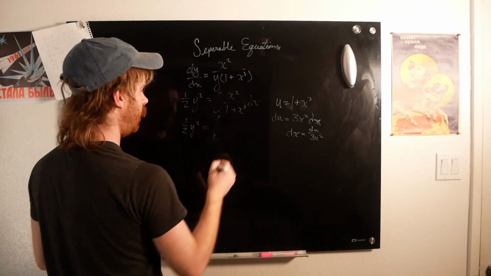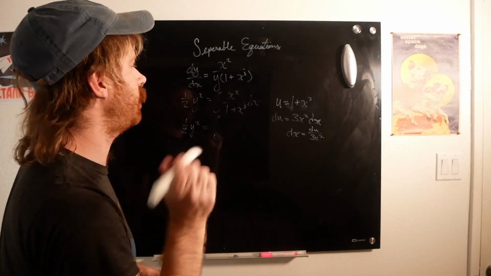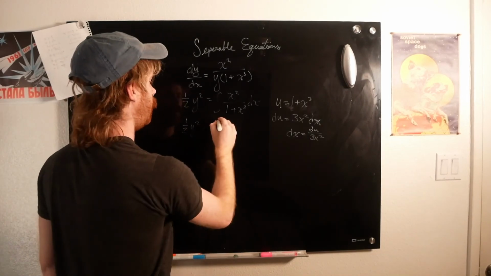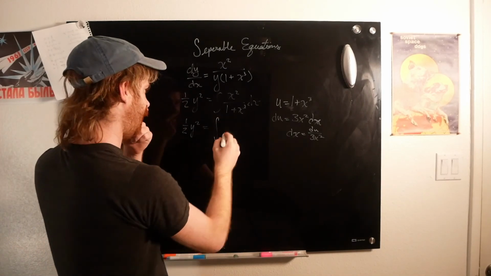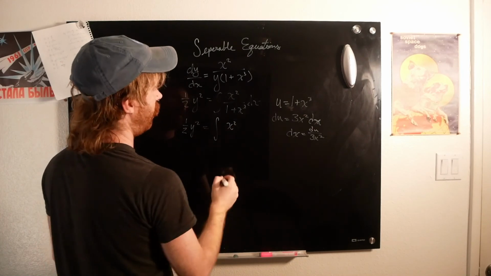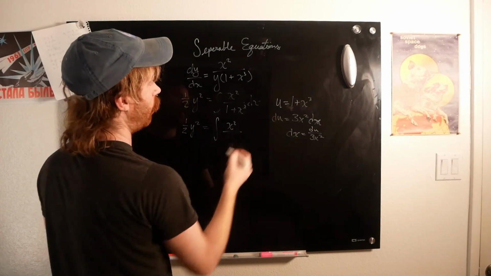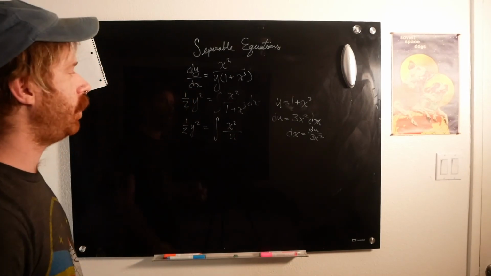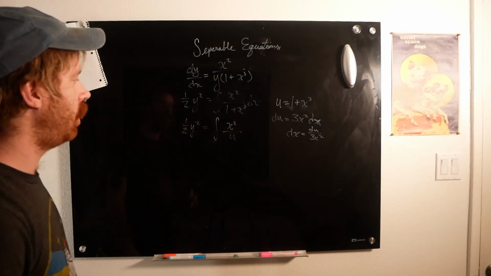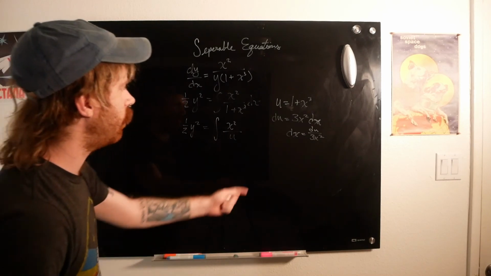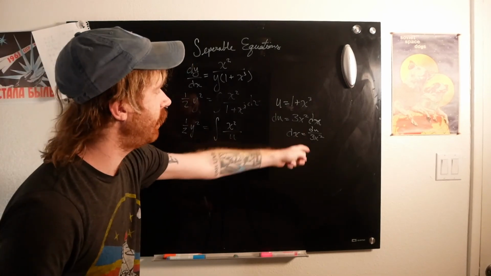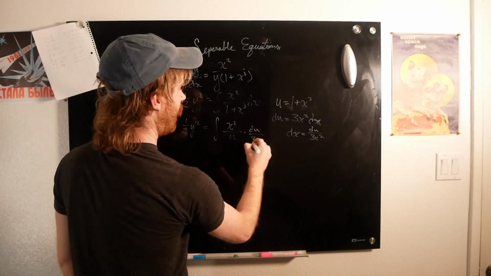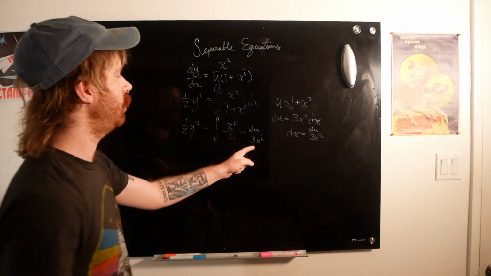So we'll say the integral, and the goal of this is to get it in terms of u. Just a little refresher. So the integral of x squared over, well, we set u equal to 1 plus x cubed, so x squared over u now because of this substitution. And then for dx, we're going to plug in this du over 3x squared, and the x squareds are going to cancel.